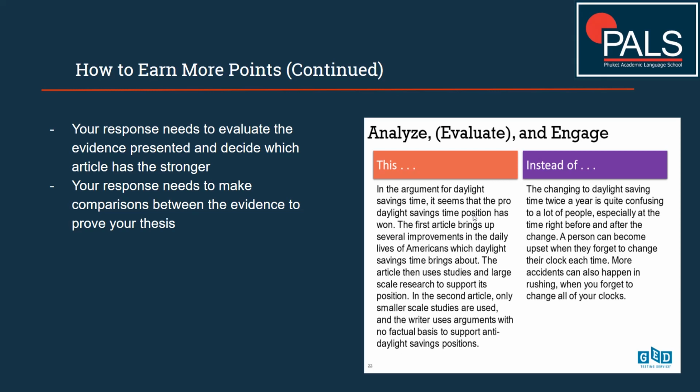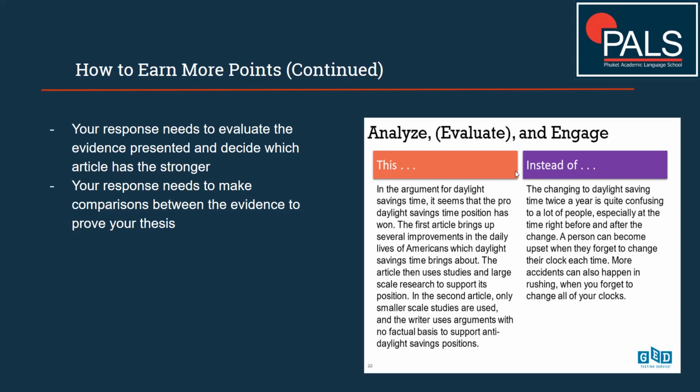So obviously, the large scale studies create more reliable evidence. Okay, and also it says here that the second study has no factual basis to its arguments. Okay, so therefore, if there's no factual basis to an argument, it's going to be very, very weak and verging on opinion. Okay, if you look at the second example here, this is what you shouldn't do.